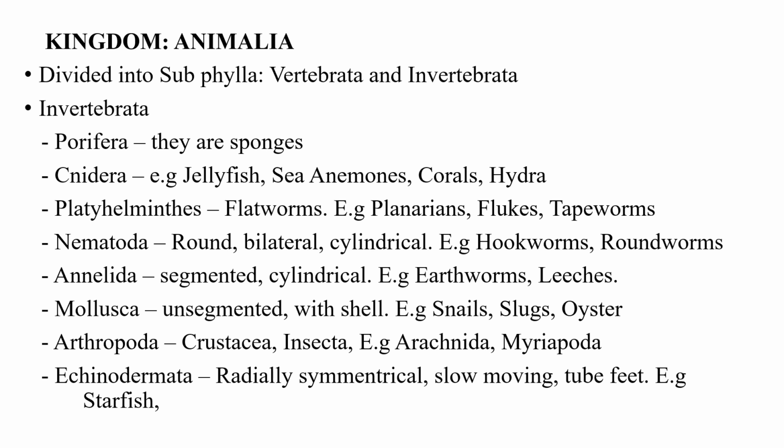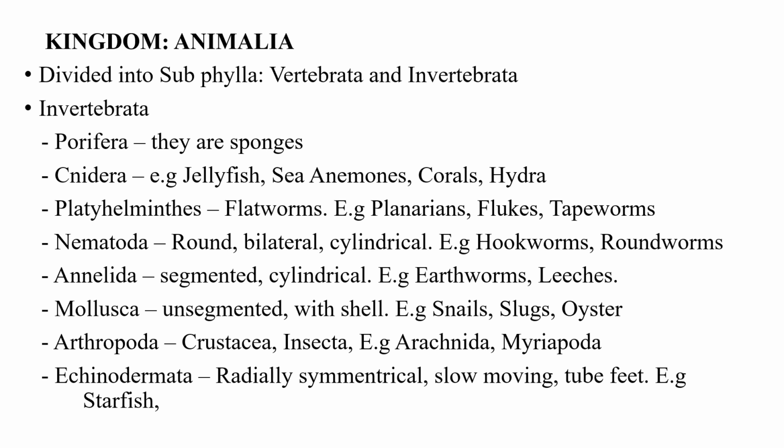We started the Kingdom Animalia in the last lecture, and I can remember I said that the Kingdom Animalia is divided into 2 sub-phyla, Vertebrata and Invertebrata. We look at the Invertebrata. The Invertebrata are animals without vertebral column, that is, animals without backbones, while Vertebrata are animals with backbone.